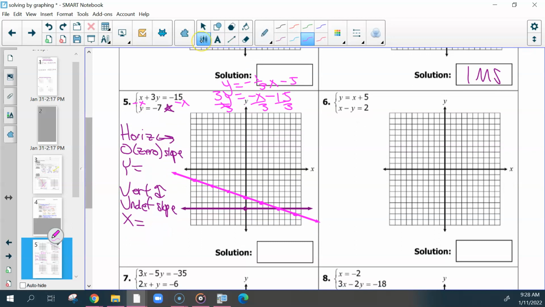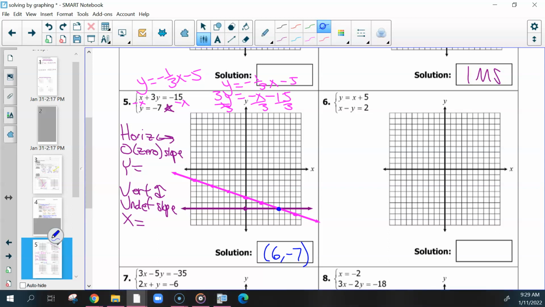Again, just in case you missed what the equation was, y equals -1/3 x minus 5. What would our solution be? 6, -7. Any questions on that one?